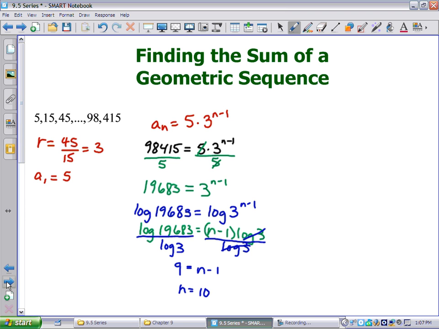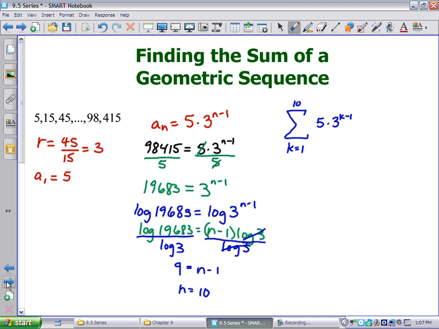All right, so in sigma notation, it looks like this, where you have k equals 1, and then you'd have your 5 times 3 to the k minus 1 power up to 10.